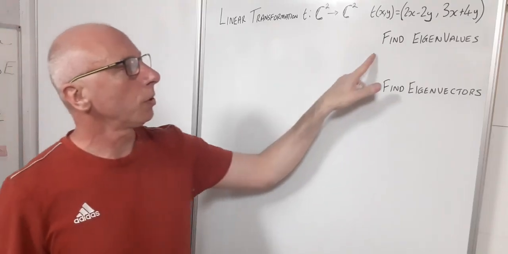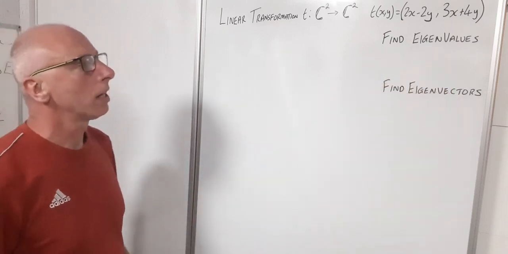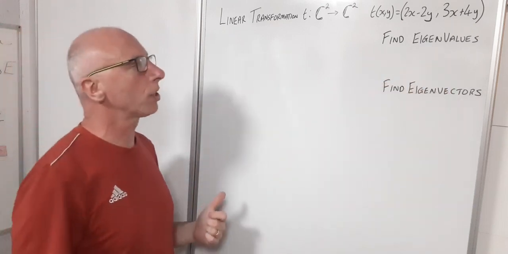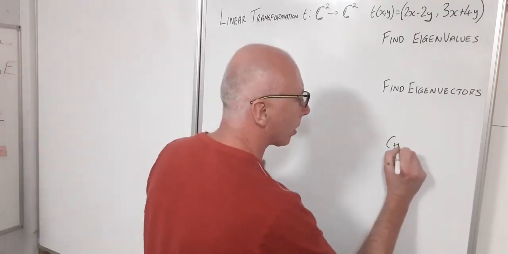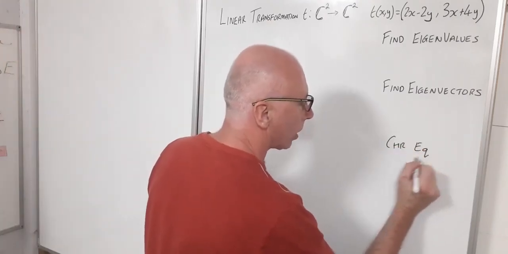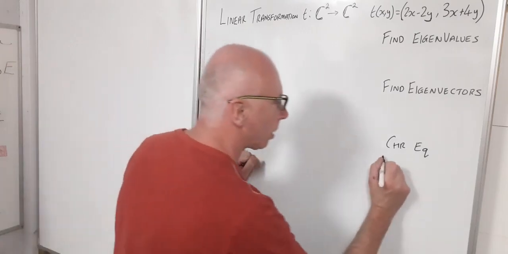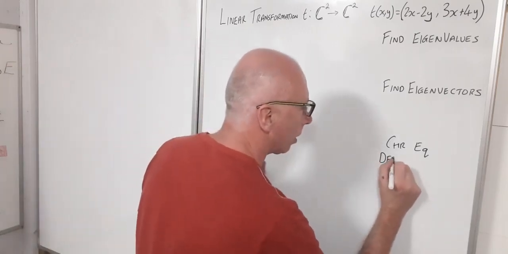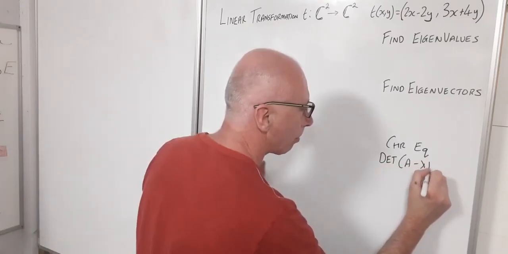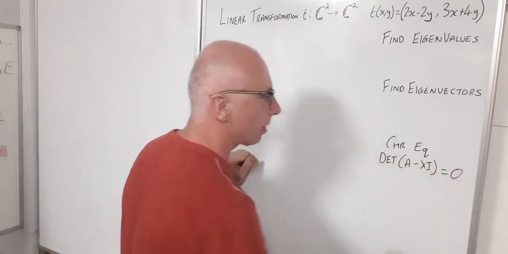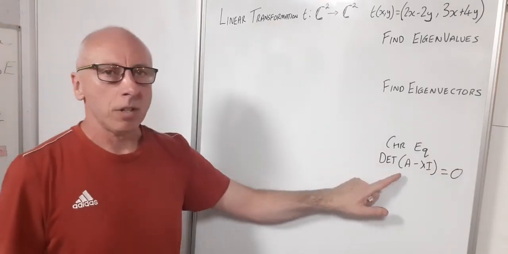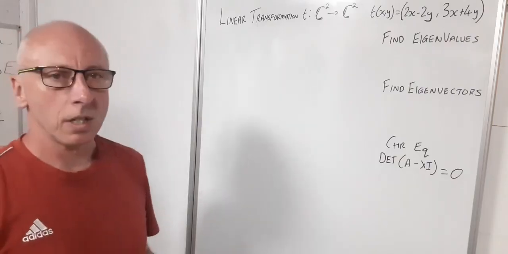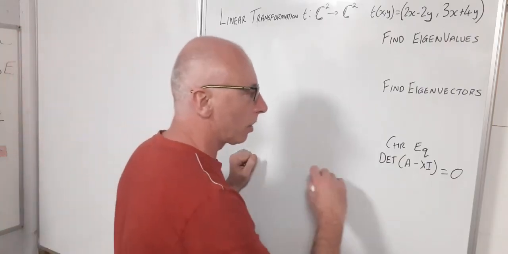So first of all, let's find the eigenvalues. We need the characteristic equation. What we normally do is get the determinant of A minus lambda I and set it to 0, and then find solutions for lambda. Now there is another way we can do this, and we go straight in.